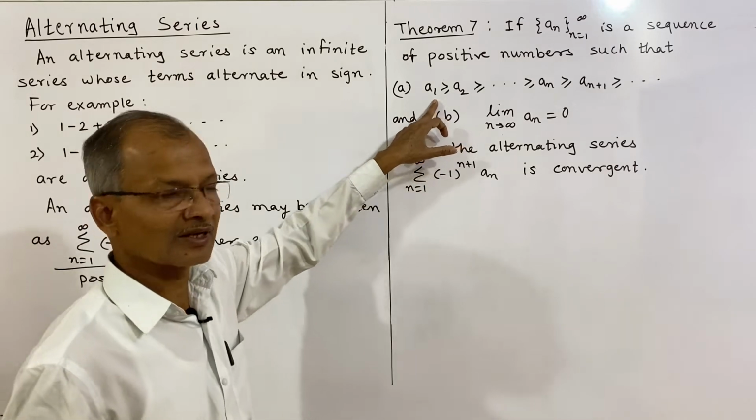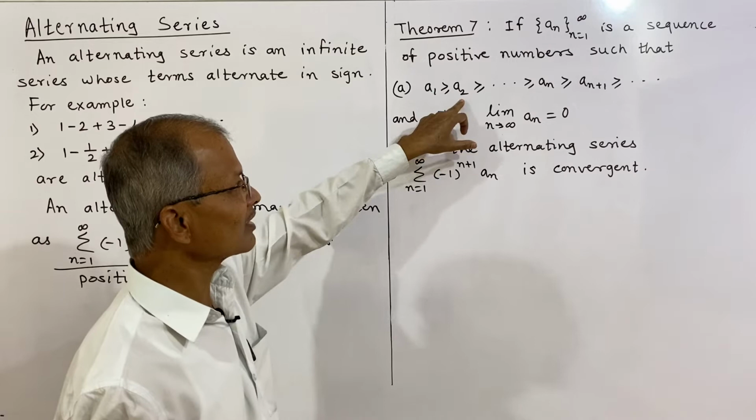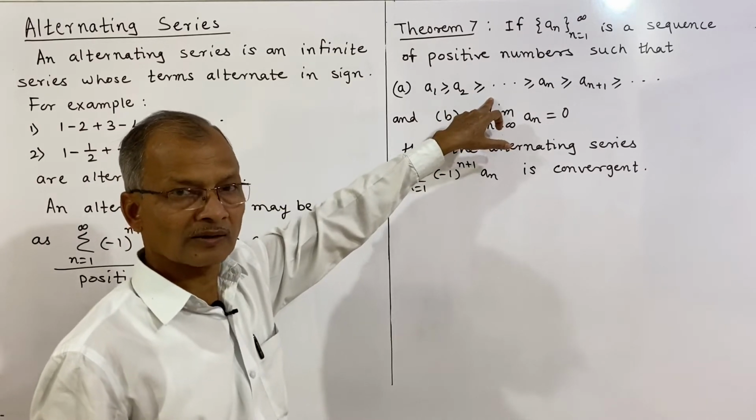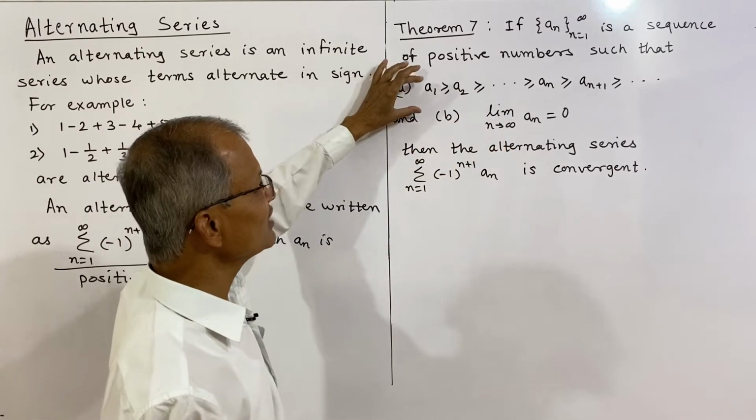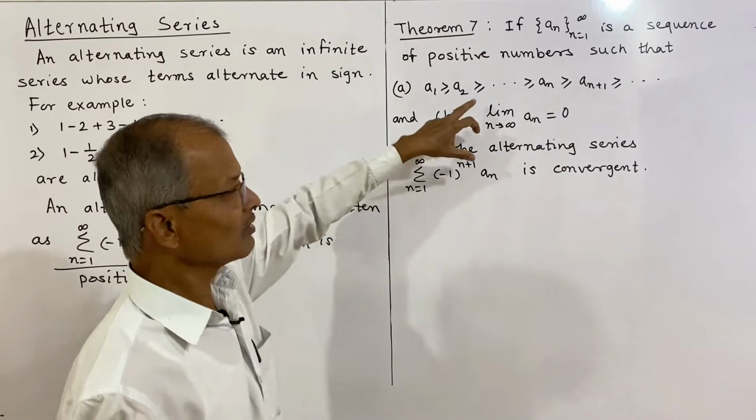The first term is greater than or equal to the second term is greater than or equal to the third term. That means the sequence actually is decreasing, but instead of decreasing we use the word non-increasing.